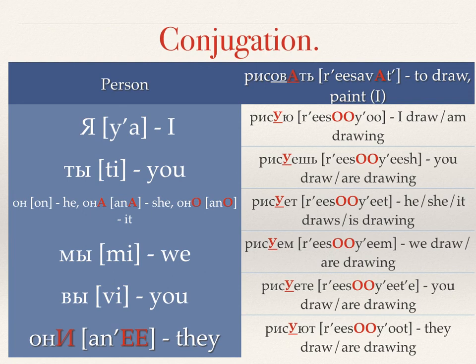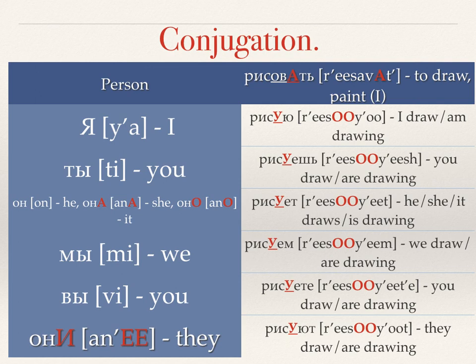As you see, the combination of letters ов, that is underlined in the infinitive form of the verb, turns into the letter У when we conjugate this verb. Я рисую. Ты рисуешь.